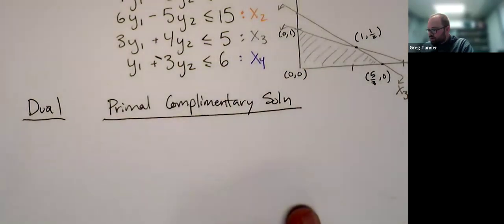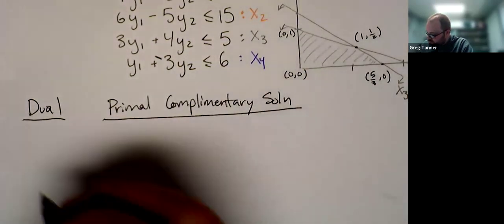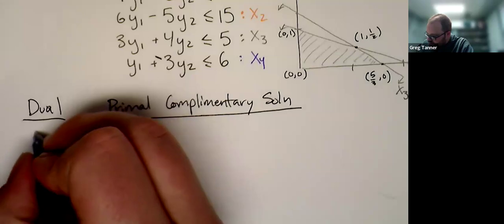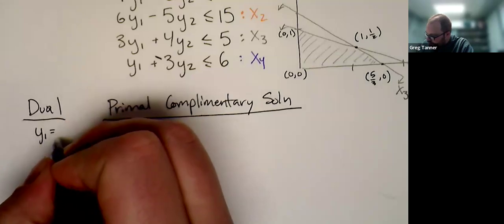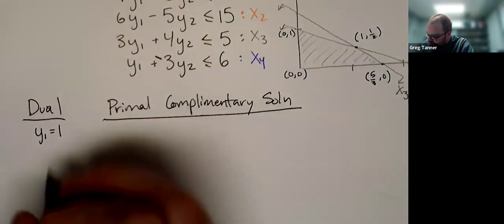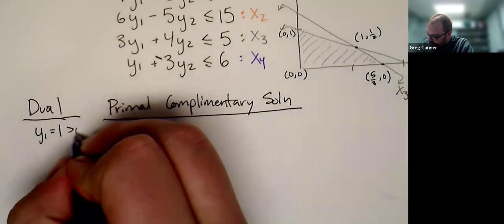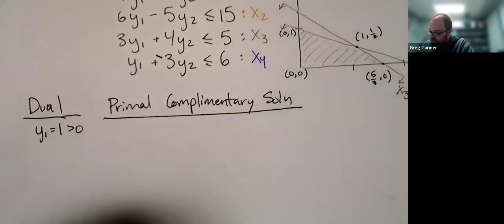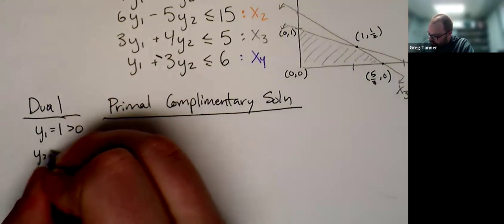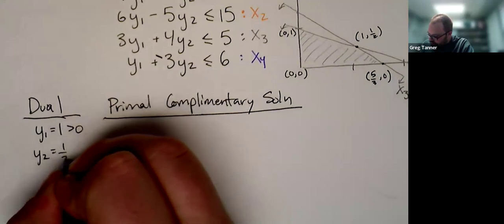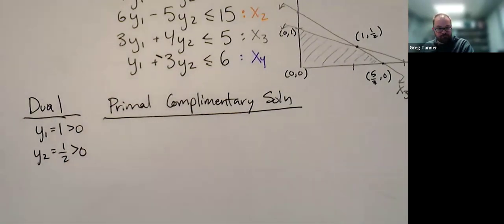So what do we know? Well, we know our dual solution. Our dual solution is y1 equals 1, and that's a positive amount. And y2 equals 1/2, and that's also a positive amount. Okay.